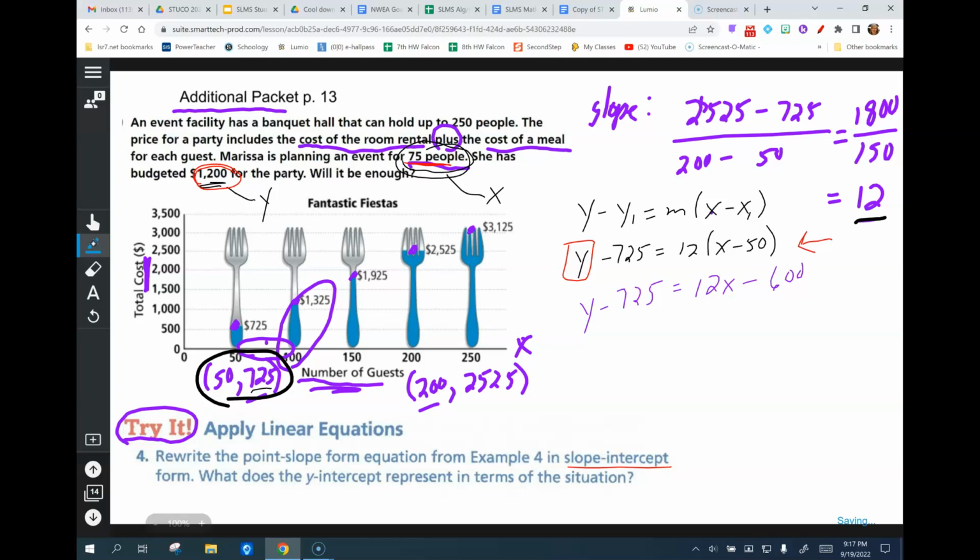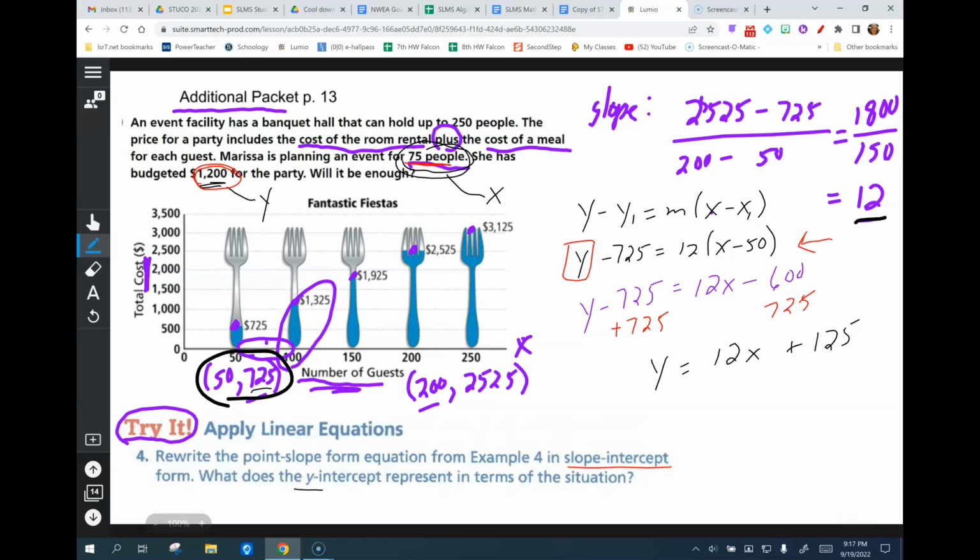Bring that 725 over. I've distributed, so I'm going to add 725 to both sides. My equation turns out to be 12x plus 125.